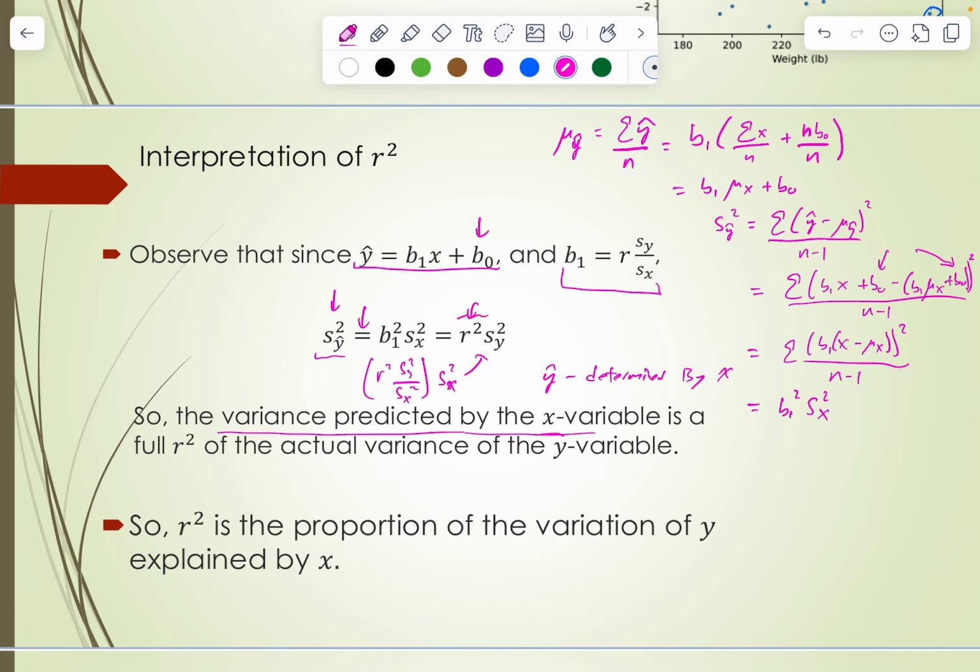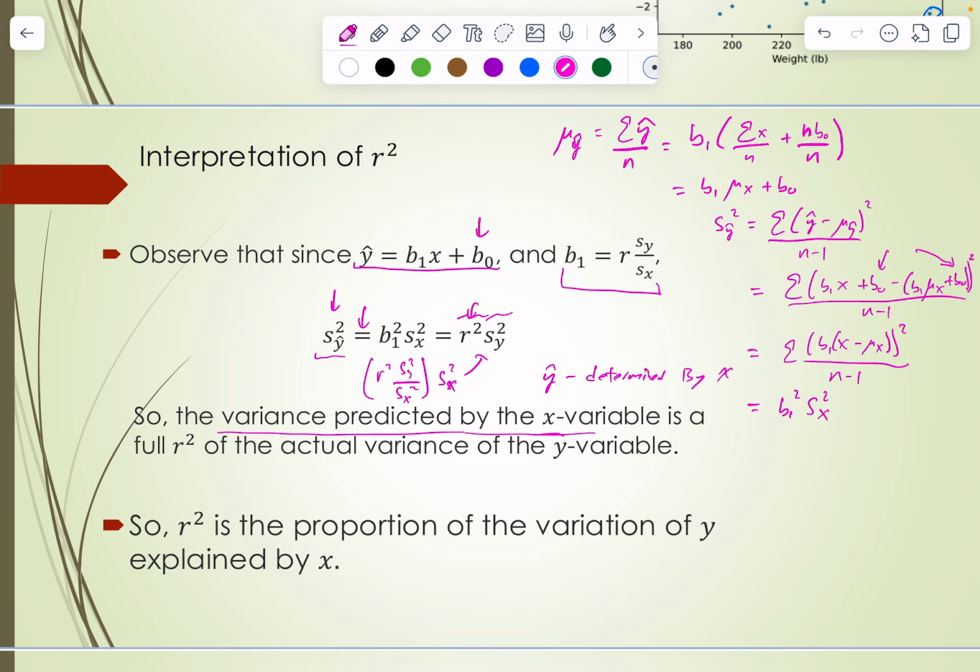That is this proportion. Remember, r squared is going to be less than 1, so it's some proportion of the variance of y. One way of saying that is that the variance predicted by the x variable is r squared of the actual variance of the y variable.